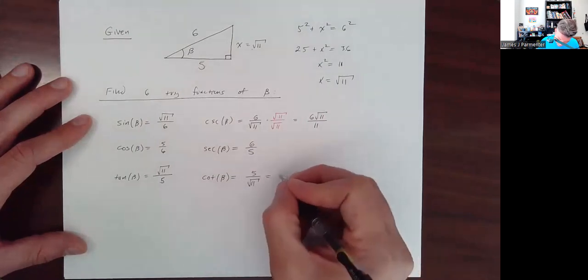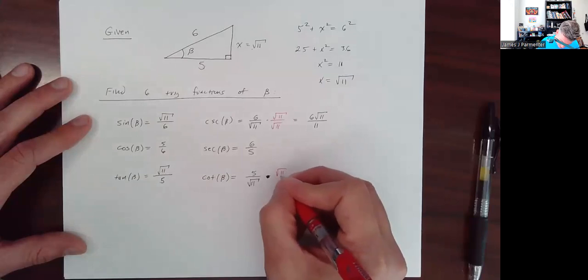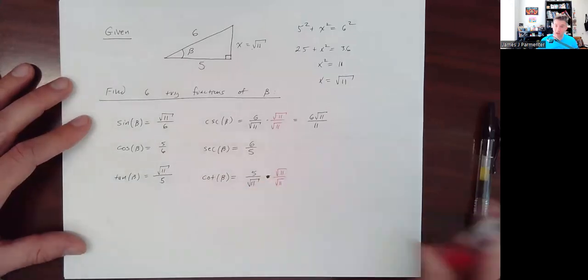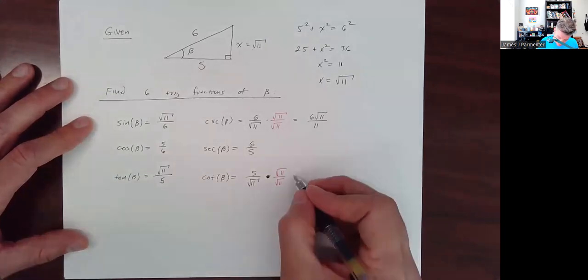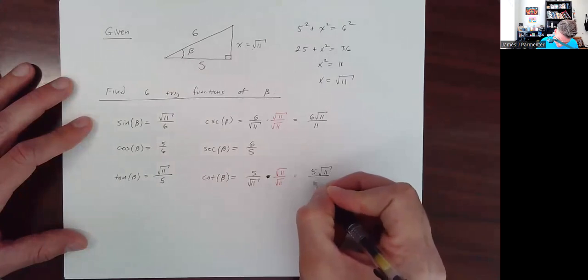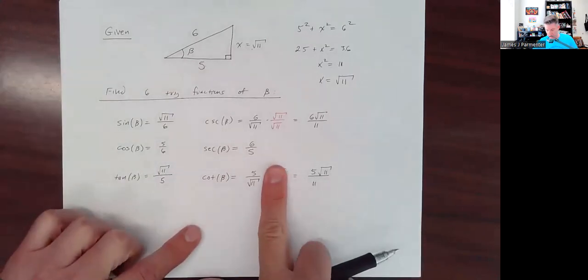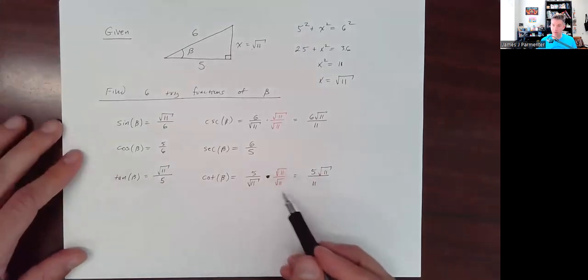And then we're going to rationalize that by multiplying by root 11 over root 11. You don't have to show this step of multiplying by root of whatever's on the bottom over root of whatever's on the bottom, but you do need to do it. You could just say 5 over root 11 is equal to 5 times root 11 over 11 if you don't want to write out that you're multiplying by root 11 over root 11.